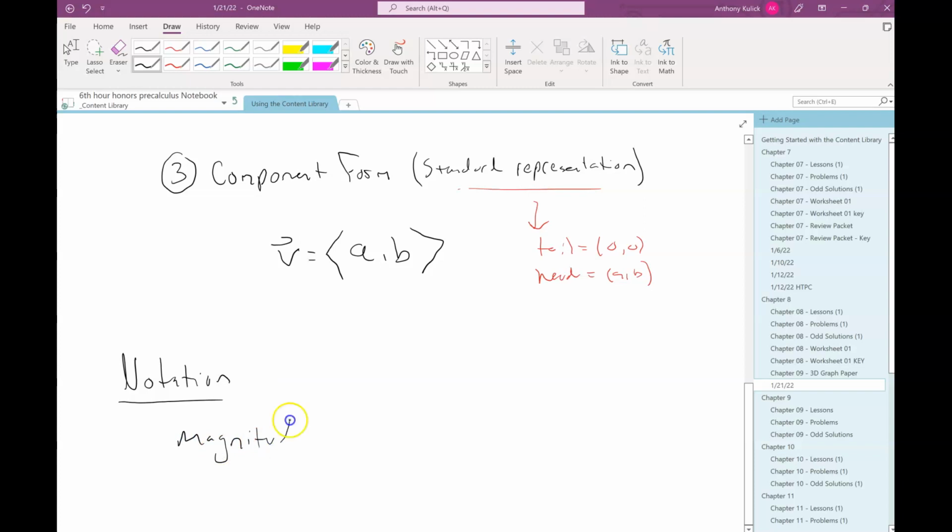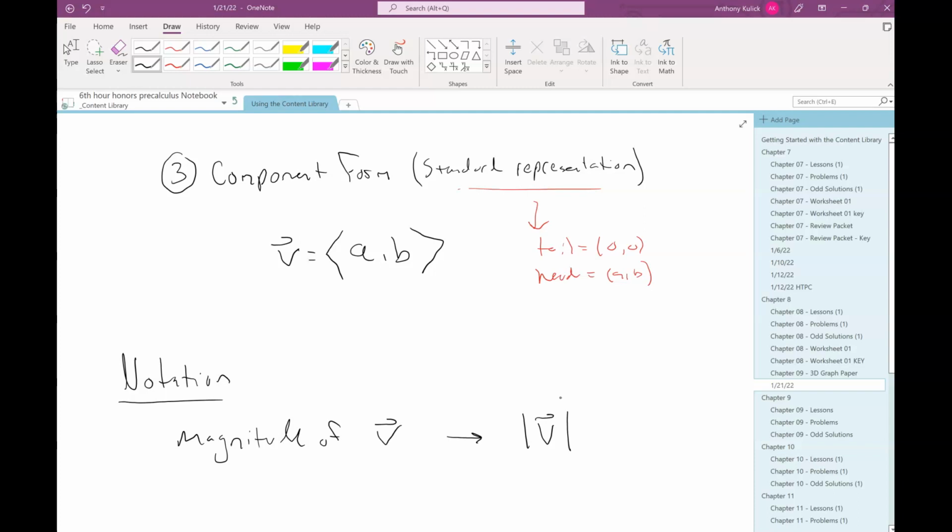So the magnitude of vector v, we're going to write with vertical bars around the vector v. Now, we're abusing the heck out of this vertical bars notation because we now have three things that vertical bar representation could represent.